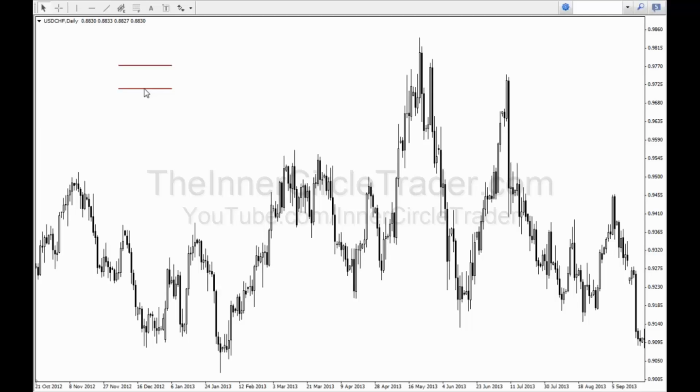The reason why I dubbed this the L7 inside the range concept is because if we look at, say for instance, this range here, this low to this high, and we'll define it by this.